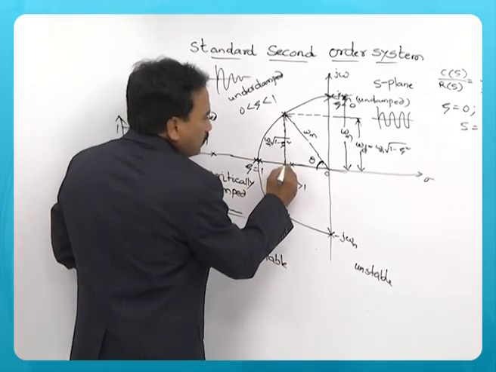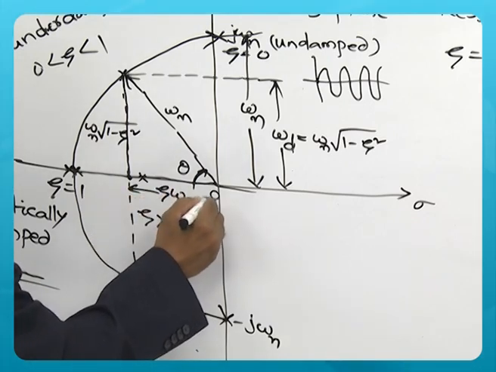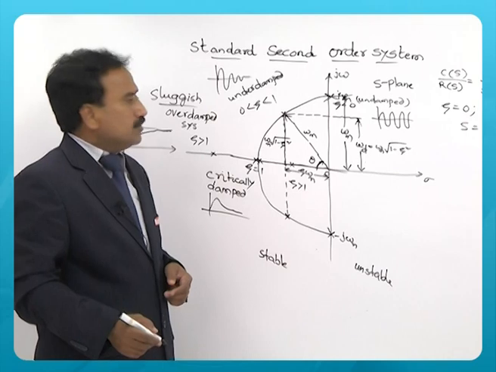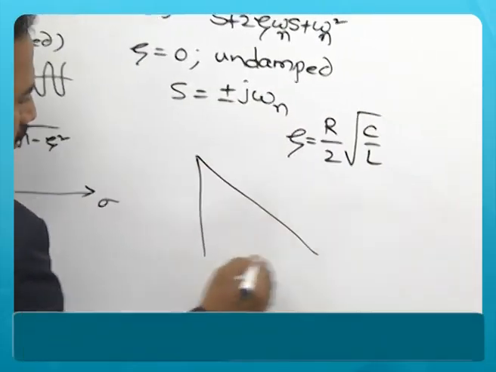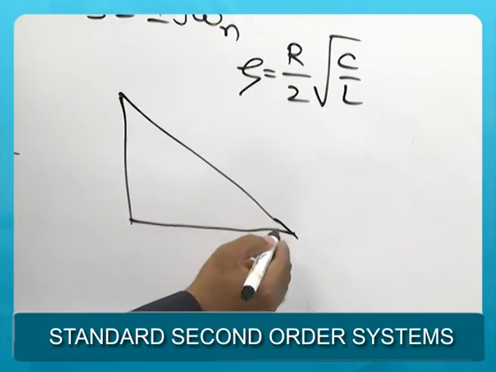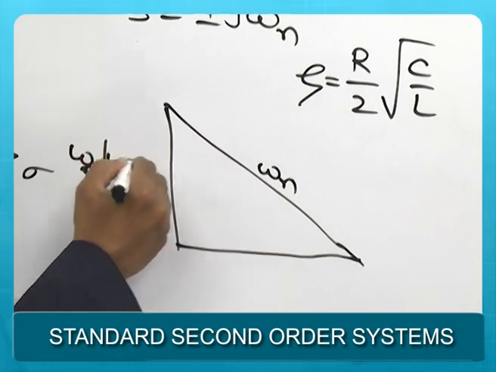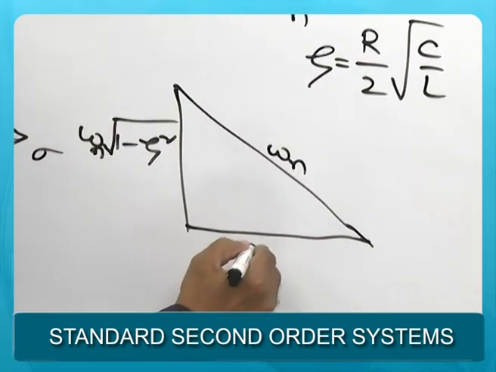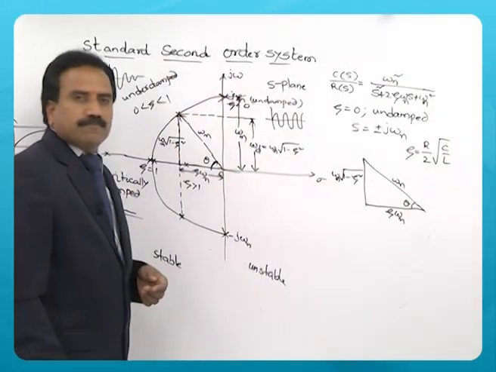Then if you measure this one, this will be zeta omega n. So, that right angle triangle, let me draw here, it has got some significance. This is omega n, this is omega n under root of 1 minus zeta square, and this is zeta omega n with an angle of theta.